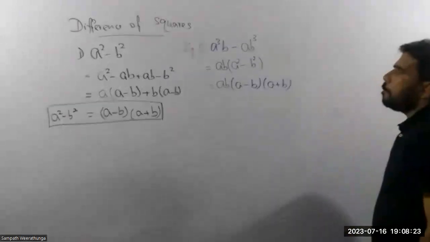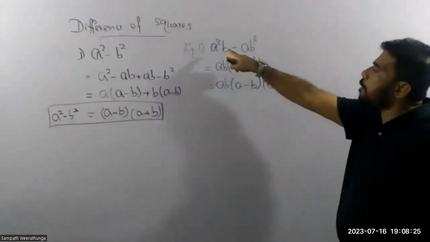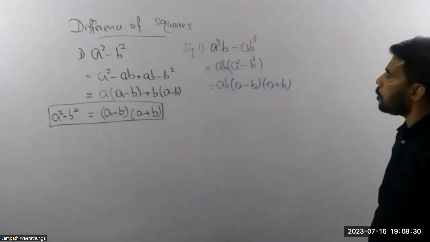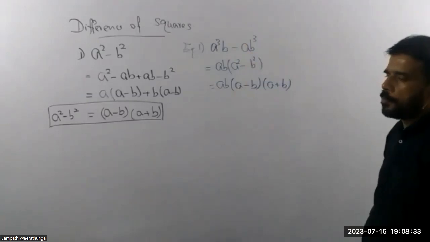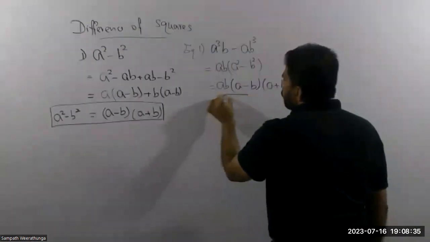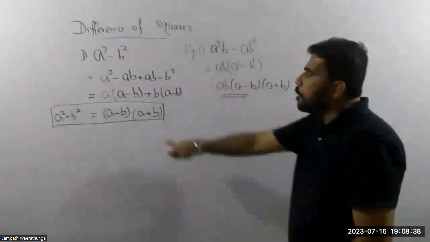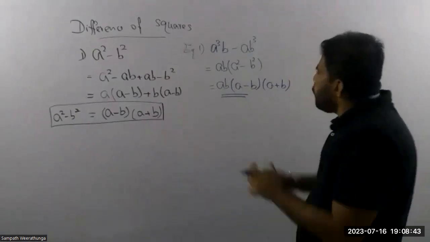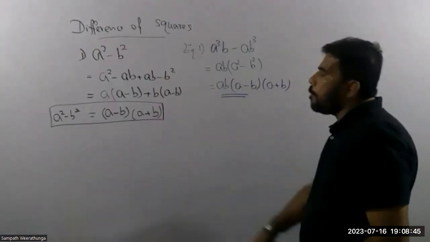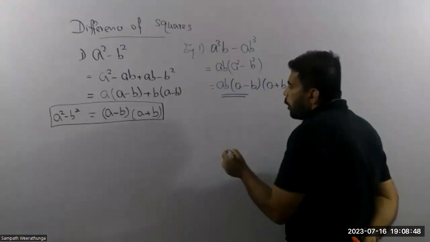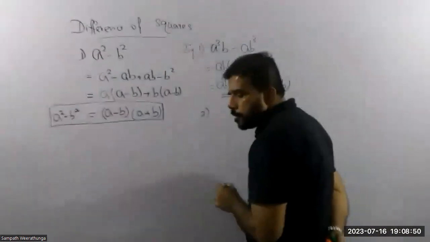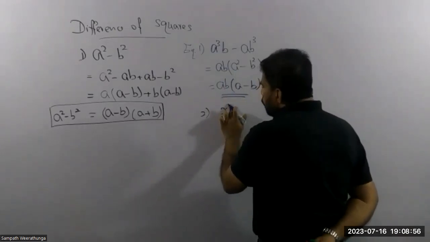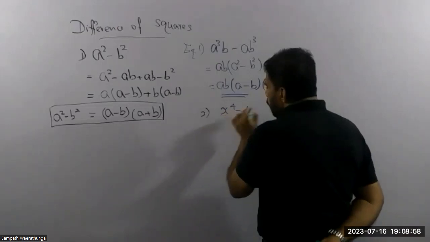Then this complex combination of A cubed B minus A B cubed is simplified to three factors: AB, A minus B, and A plus B. And here we use the relationship we derived. Right. Same way, we'll do some exercises to get familiarized with this. And the second one, let's say, this one, x to the power 4 minus 1.